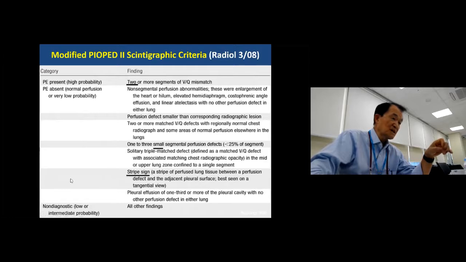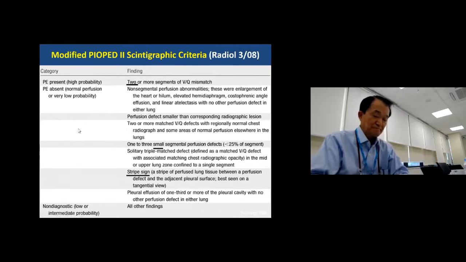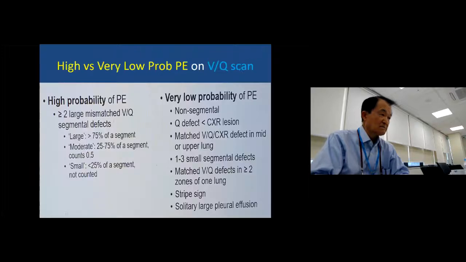But if you describe a defect and intermediate or indeterminate, that's useless. So high, low, that's it. High is greater than 2 mismatched, that's it. And non-segmental or chest X-ray normal, all that kind of thing.